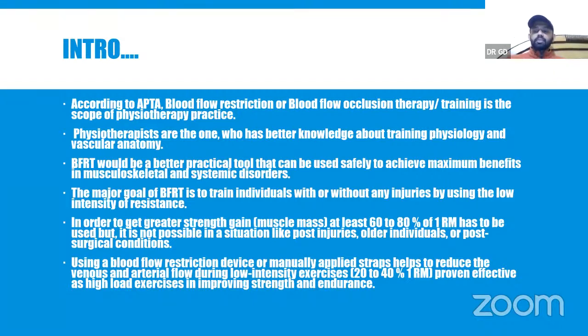If you want to get hypertrophy, you need to use it, but it is not safe in acute rehabilitation. If you see, the ligaments are just getting connected to each other, they are not a strong bond. So you cannot load the limb with that huge amount of resistance. You can use somewhere around 20 to 30 percent of one rep max, but that without BFRT will not make any changes. That's how I want to say BFRT, using low resistance exercises, itself gives better results.